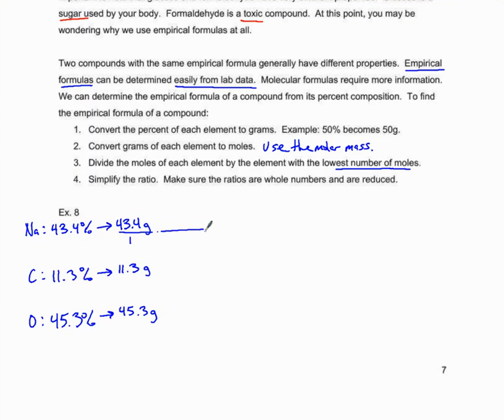So for sodium, the molar mass is 23.0, and that's the number of grams in 1 mole. Let's go ahead and put that in the calculator. And we find 1.89 moles.